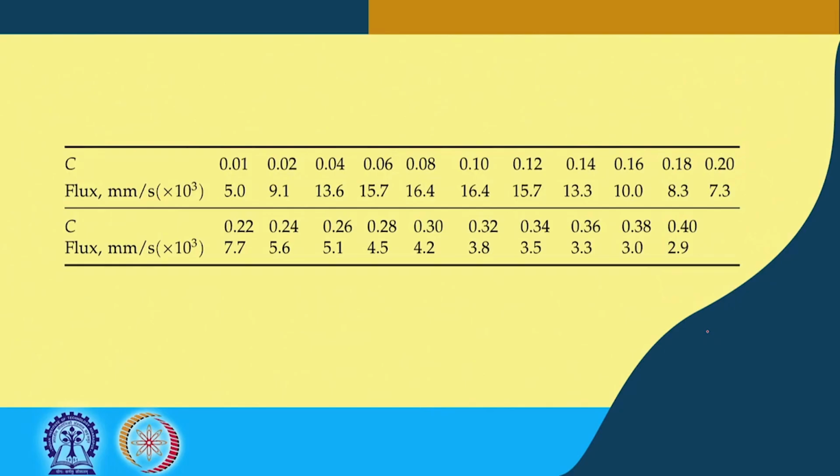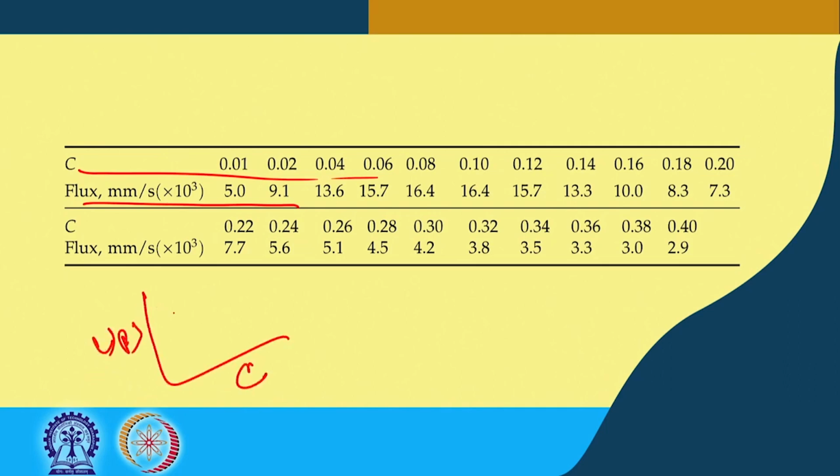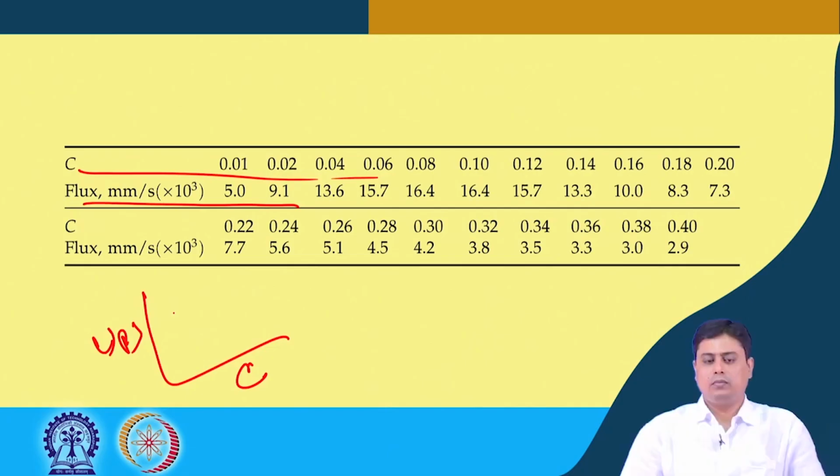We have this data given, that is the C and the flux, UPS is mentioned. If we plot this, say we have a plot like this.